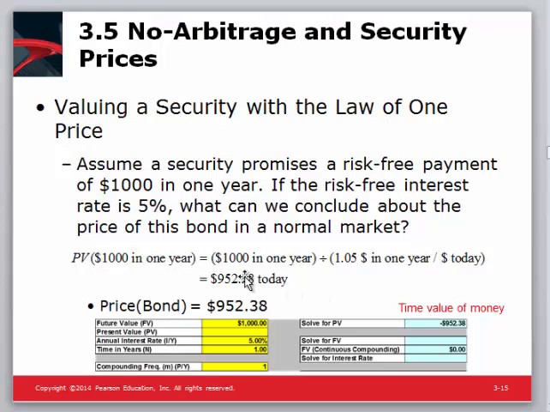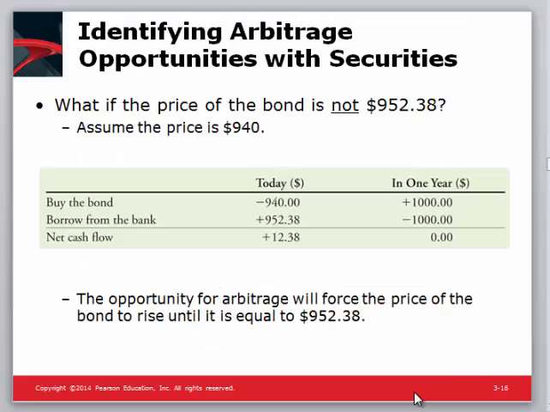Well, what if you could buy this for a different price? That will certainly make you change whether or not you want to buy or sell the asset. So let's look at this example. What if the price of the bond wasn't $952, but $940? You could buy the bond today for $940, and in 1 year you would get $1,000.